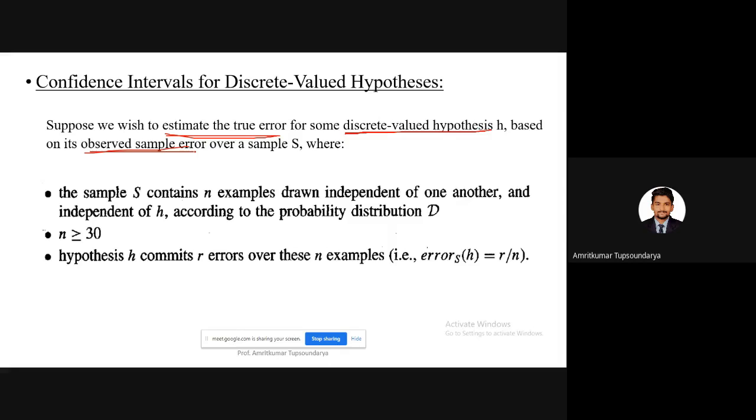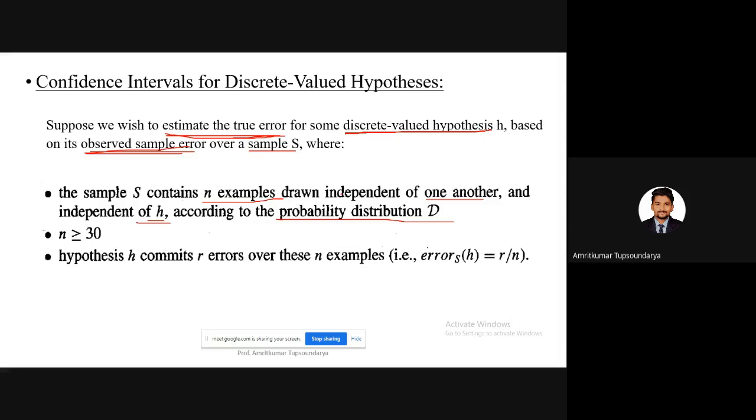So the estimate of the true error will be based upon the observed sample error over some sample space S. Now, the condition here is that the sample space S contains n examples drawn independent of one another, and independent of the hypothesis h as well, according to the probability distribution D.